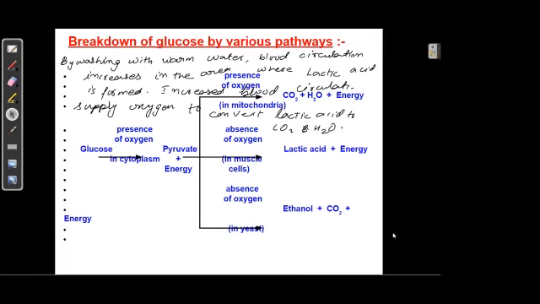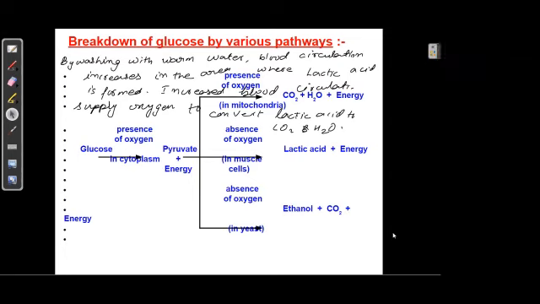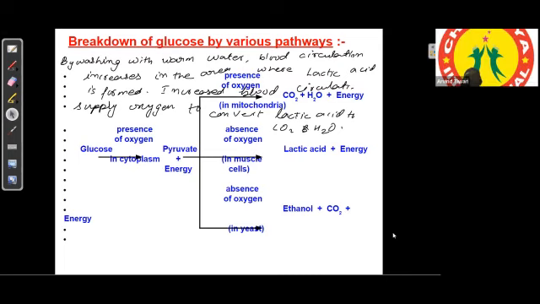Why do you think that carbohydrates are used in the manufacture of ethanol? I hope you know that ethanol is manufactured either in the sugar industry or from the grapes or other sweet substance. So why over there do we use carbohydrates?